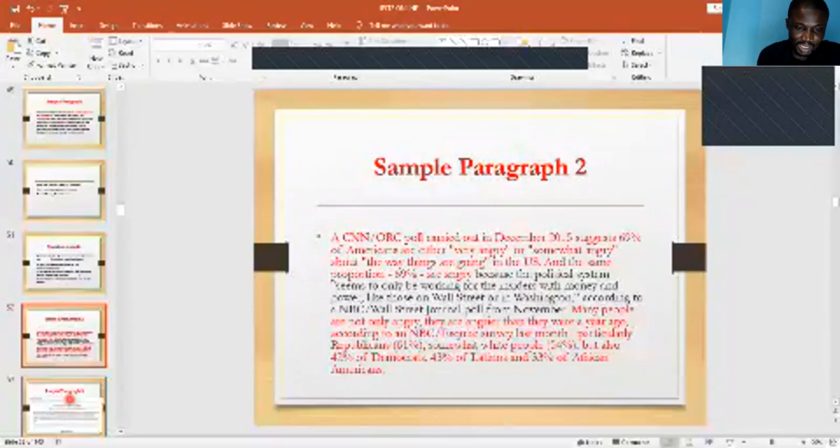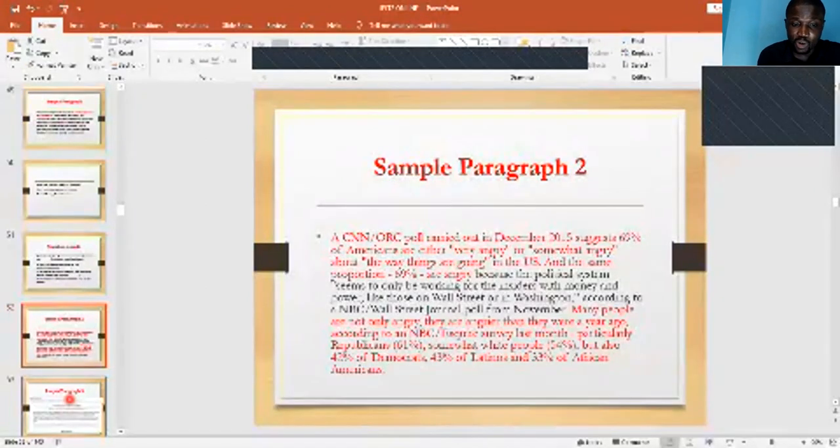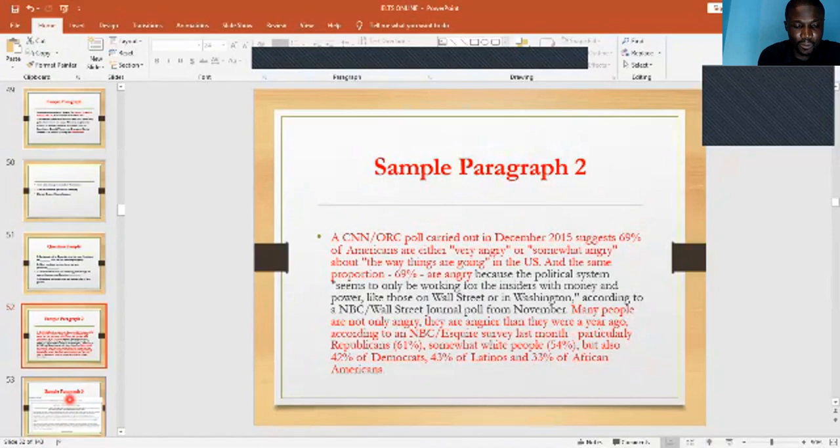Okay, the next one is saying the same proportion are angry for a certain purpose. So this particular paragraph is talking about, okay, statistics or a breakdown of, somebody can say statistics, someone else can say a breakdown of or segmentation of Americans according to their level of anger.